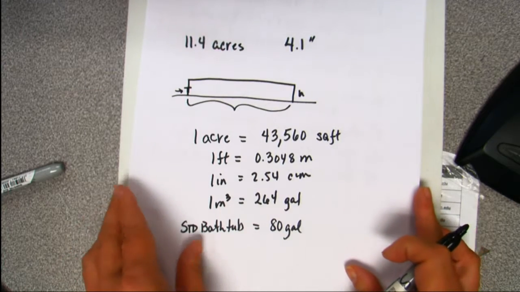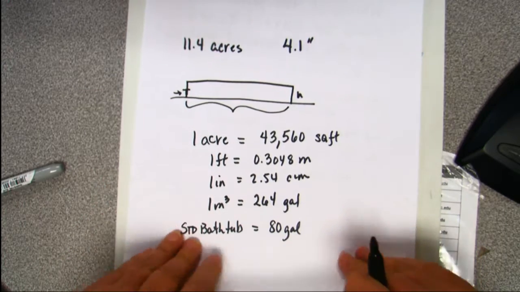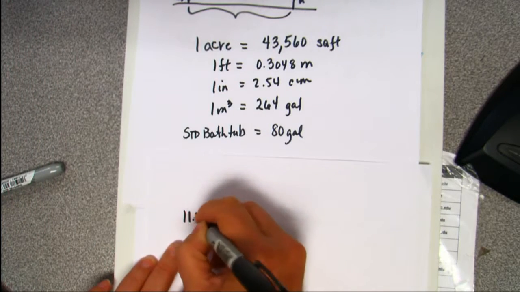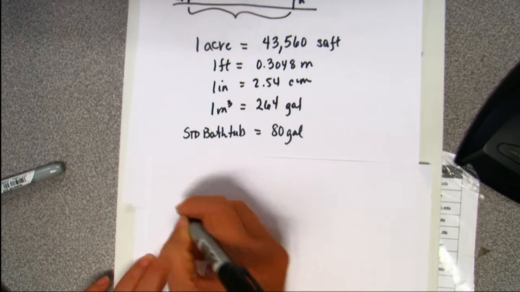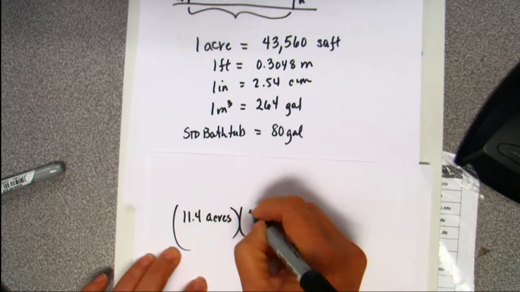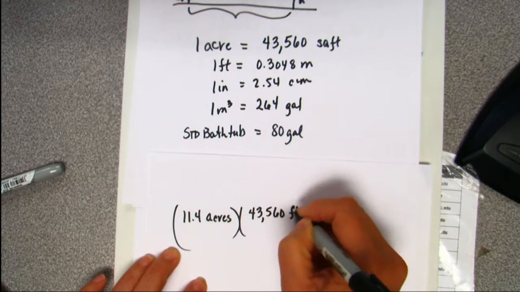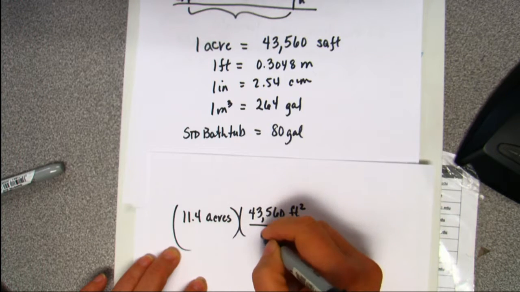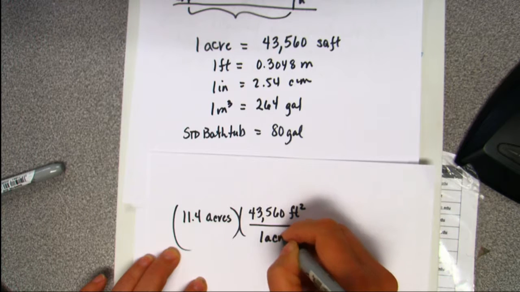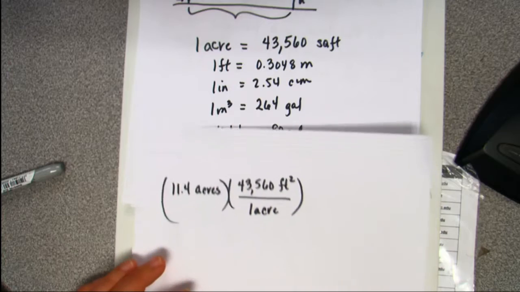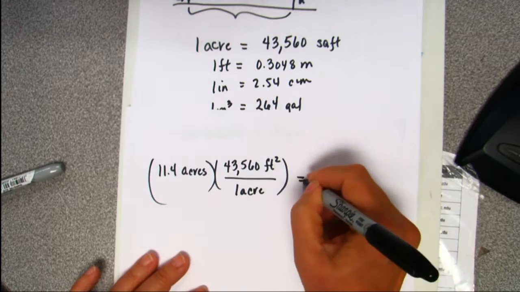So let's do it, because I haven't done it yet, so we're gonna do it. I'm starting out with 11.4 acres, and it's 43,560 feet squared divided by 1 acre. Now I could do this in one fell swoop, but I'm not going to.